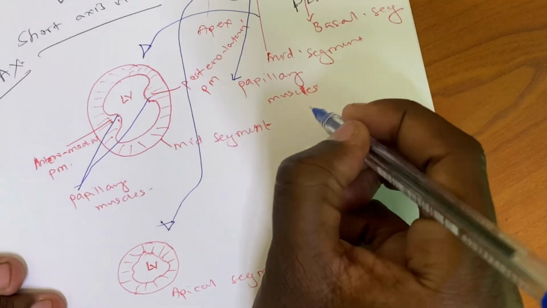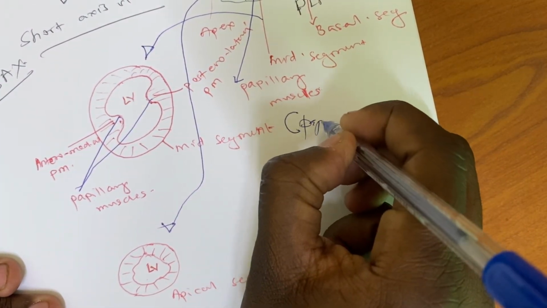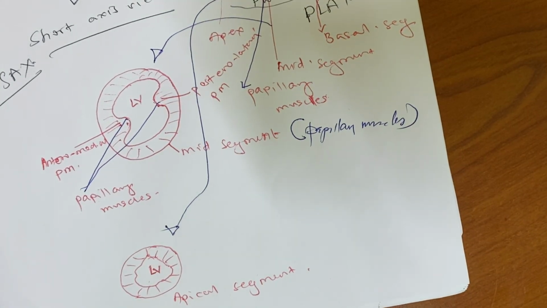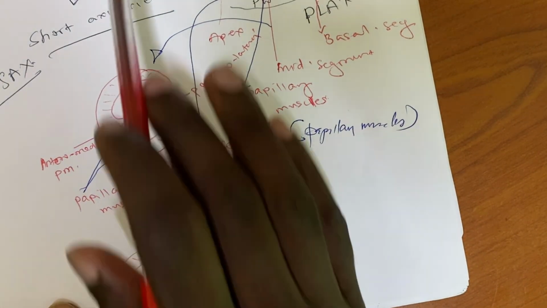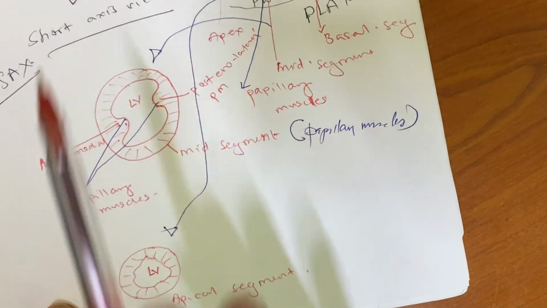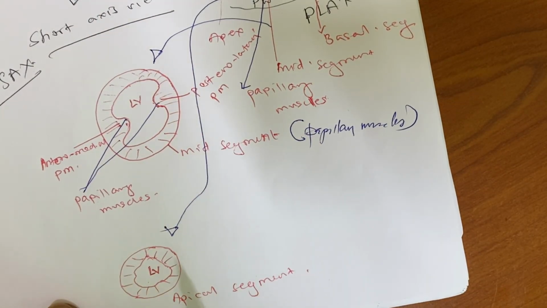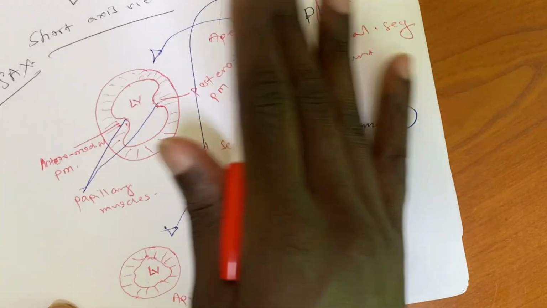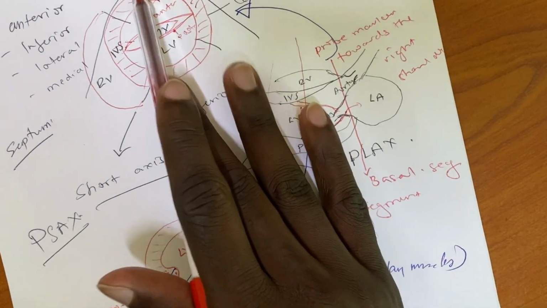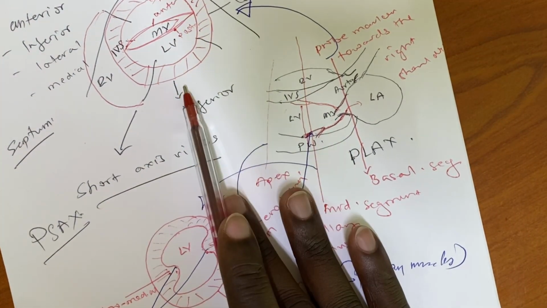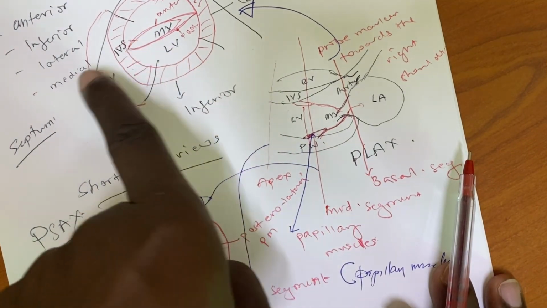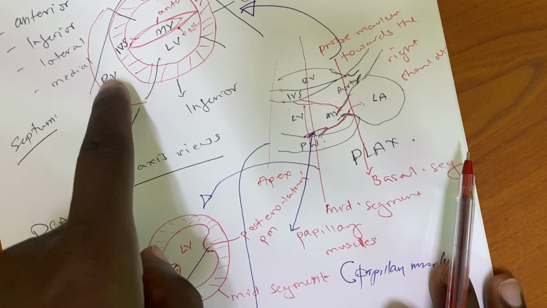This is what we are going to see in short axis. Remember the anterior and posterior. So for the 17 segments, we are going to go back to anterior, septum, inferior, and lateral. The septum is medial, that's why I wrote RV here.